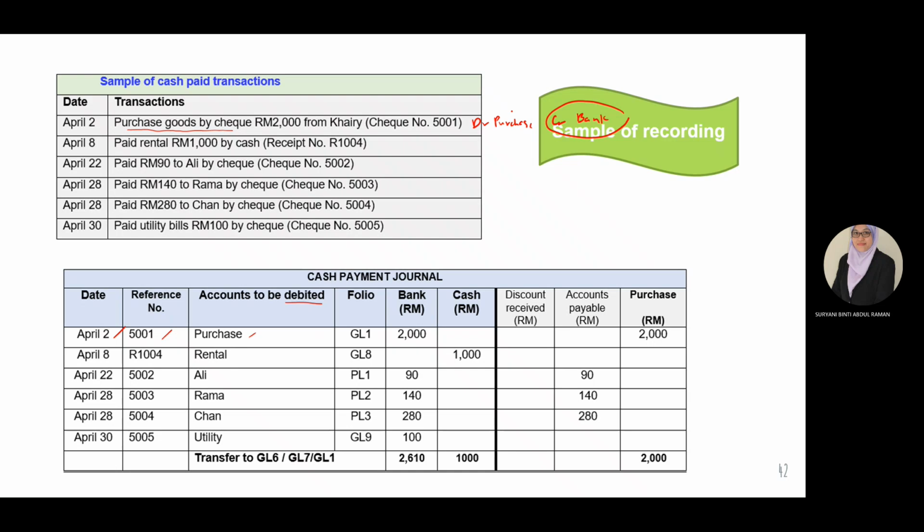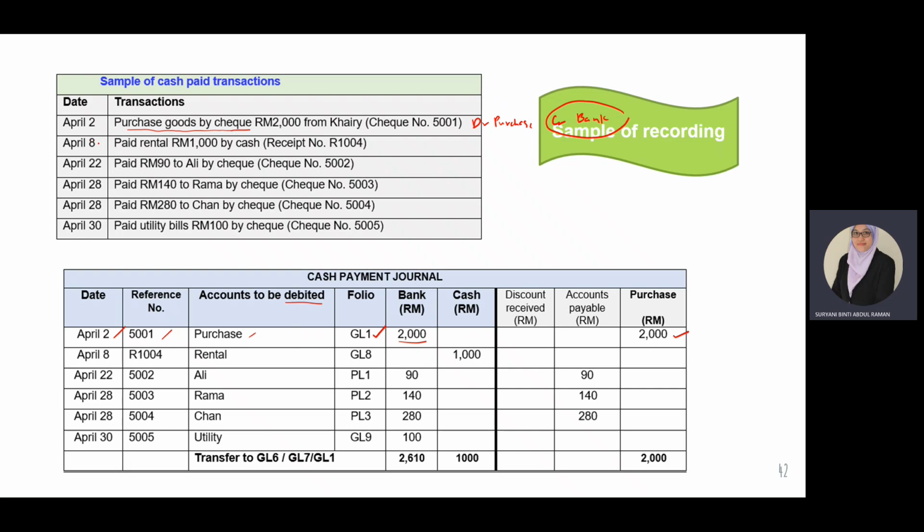Therefore, you have to find the accounts which need to be debited. Since the purchases account is already open in the general ledger, we just use the old code of reference and record in the bank column since you paid by check. And don't forget to update the additional purchases column since this transaction is related to purchases.